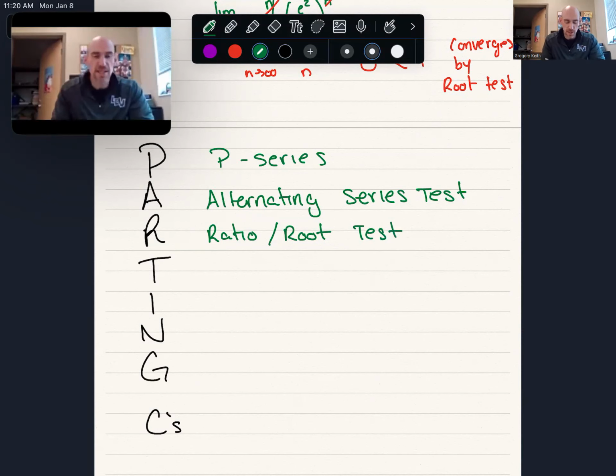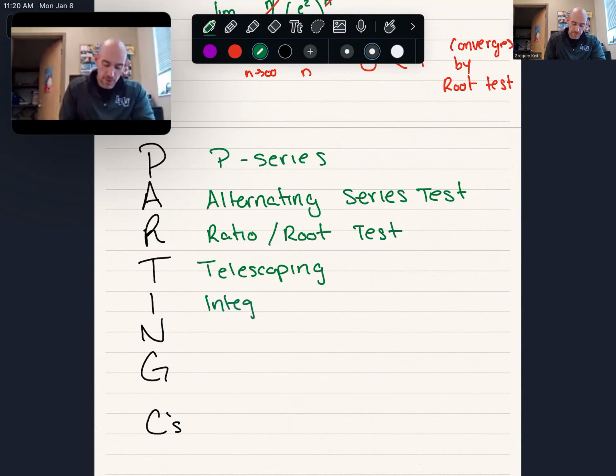T is for telescoping. I feel like I'm on Sesame Street right now. I is for integral. The letter of the day is N. N is for nth term test. G, everyone's favorite, geometric.